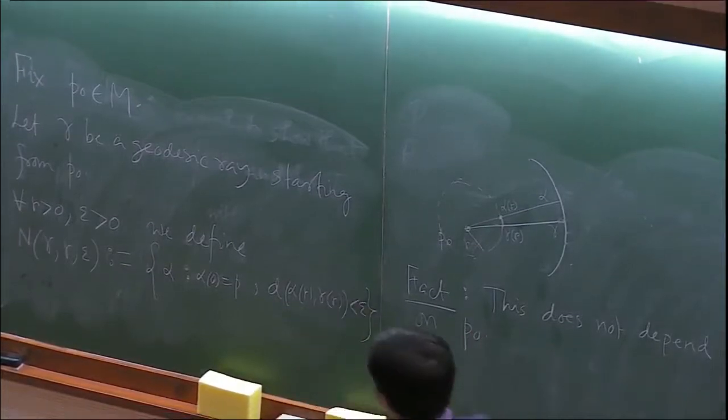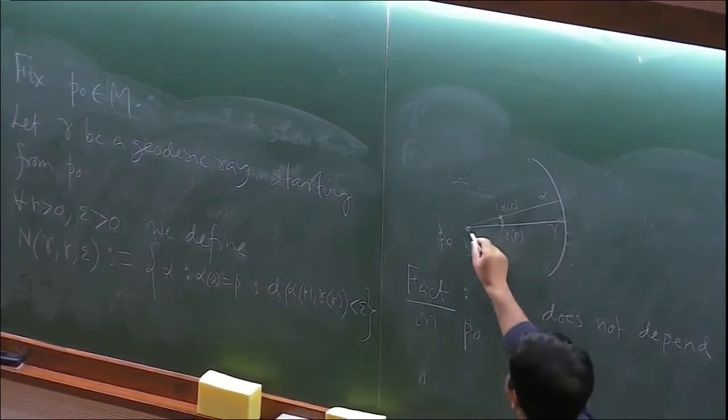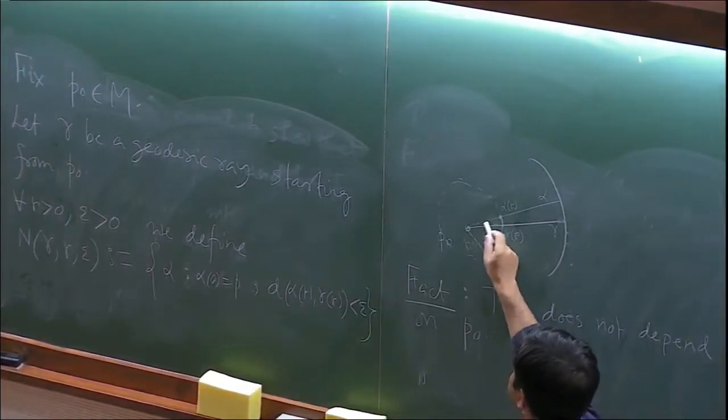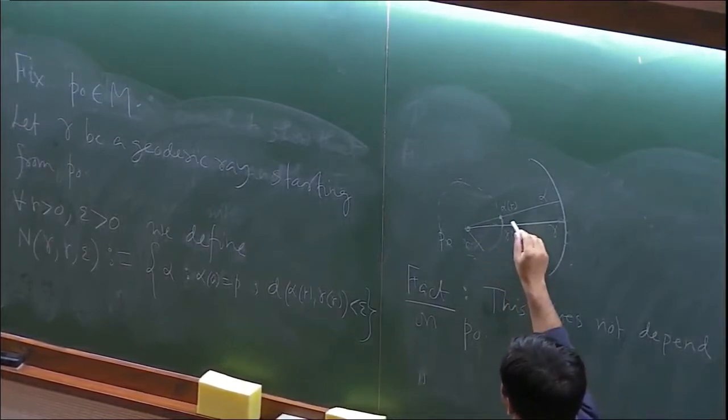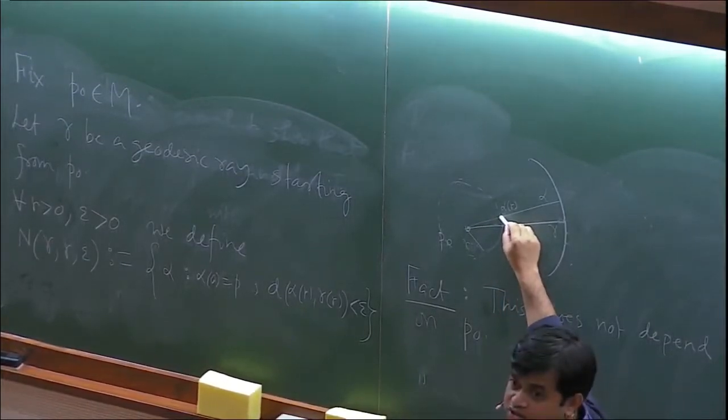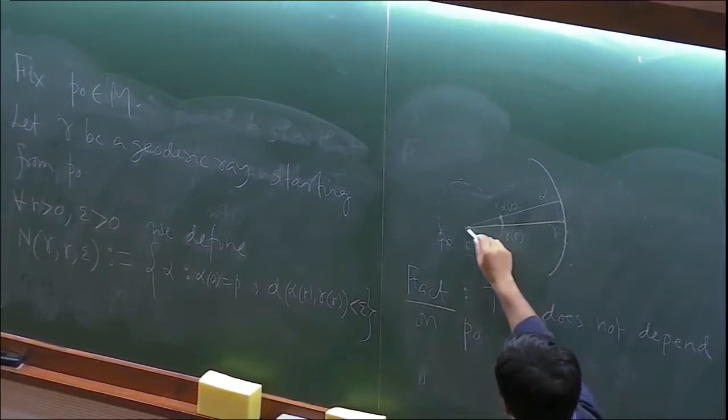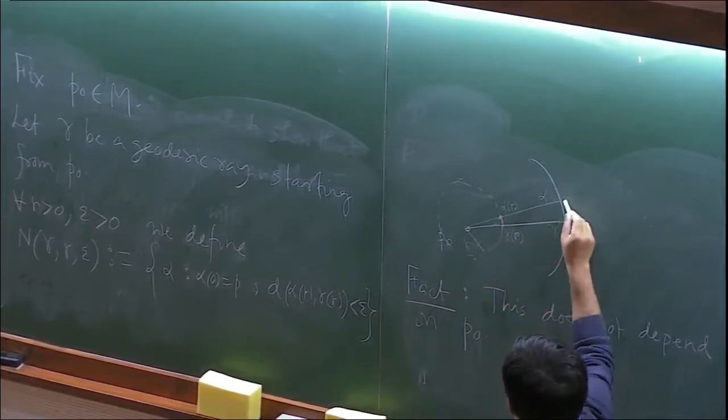In our case, if I take any R radius sphere about P naught, then for every point on the sphere I have a unique geodesic ray connecting P naught to this point.